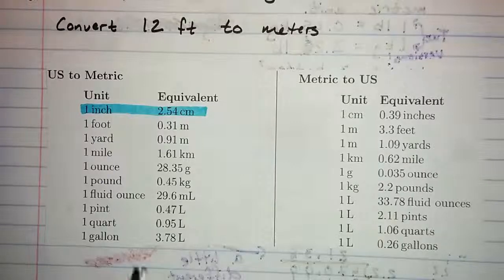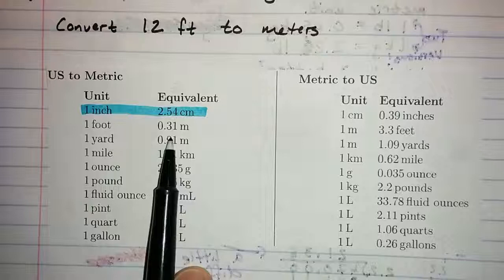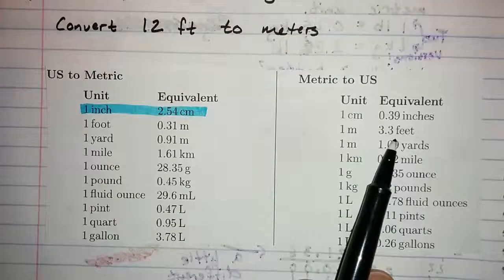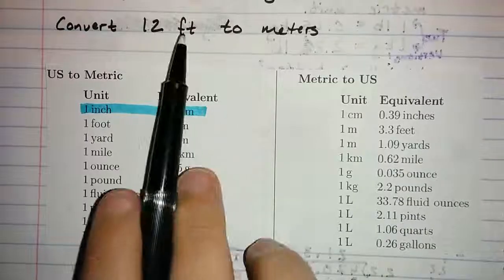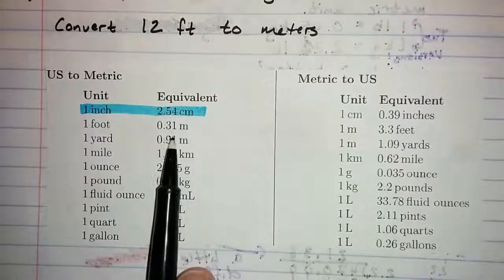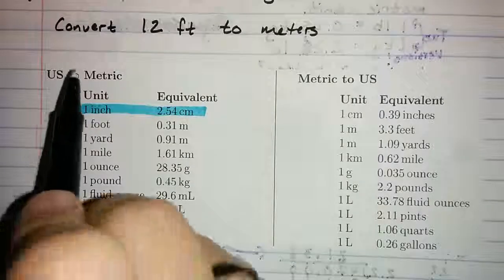Alright, I see that my choices are 1 foot equals 0.31 meters, or 1 meter equals 3.3 feet. Noticing that I want to get rid of feet, I think 1 foot equals 0.31 meters is my better choice.